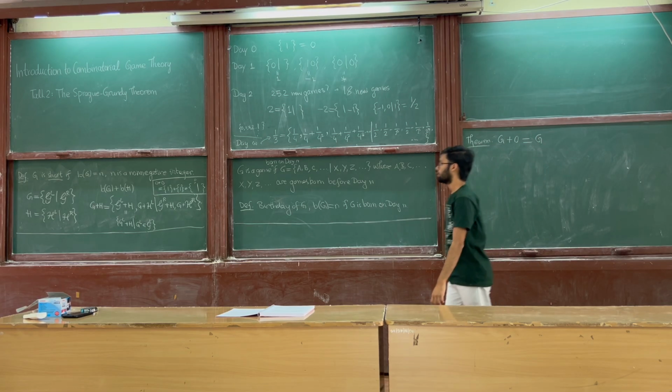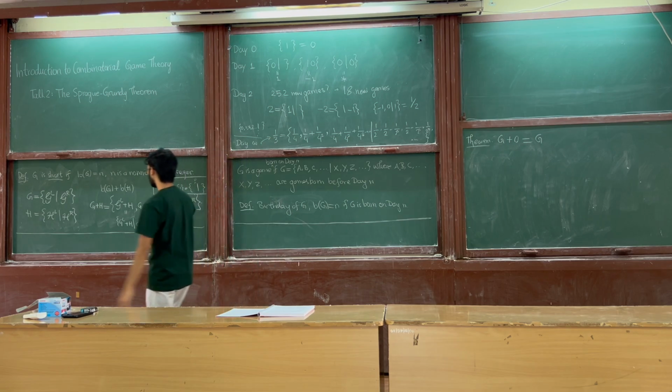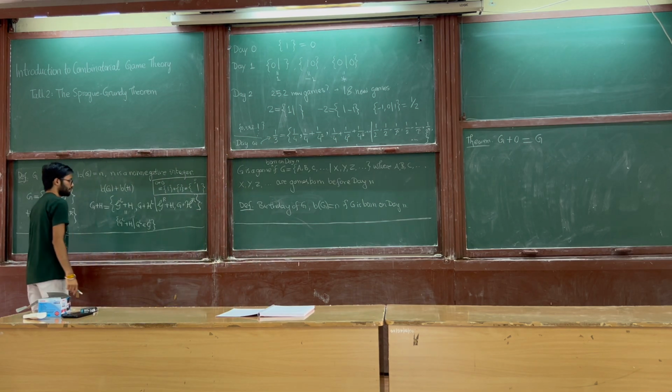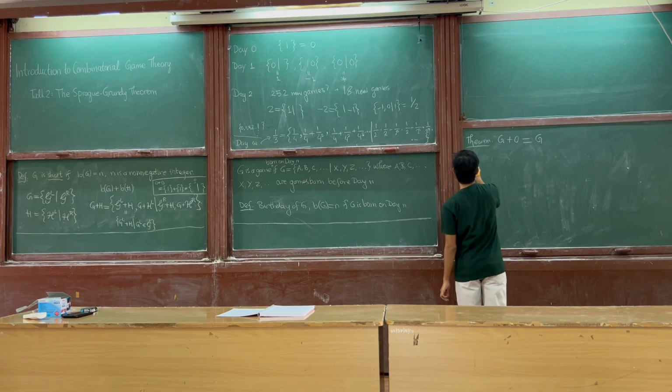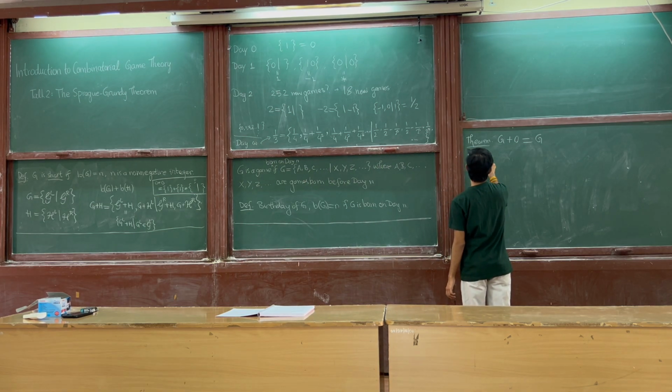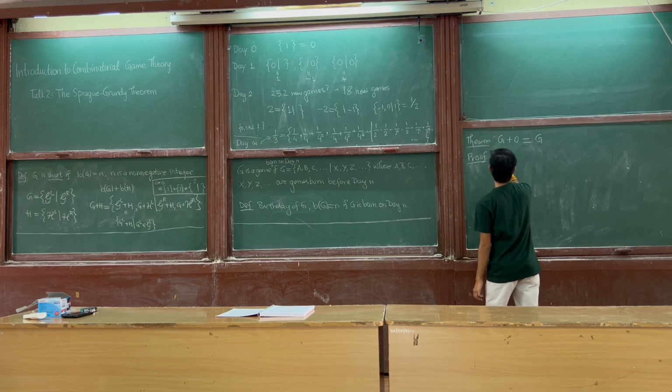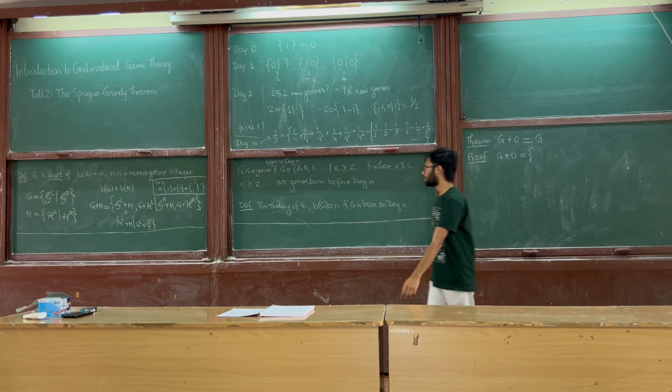Let's do a proper proof. Let's do our first theorem: G plus 0 is G. So this is exactly why we called 0, 0. And the proof of this is: G plus 0, what is it by definition?